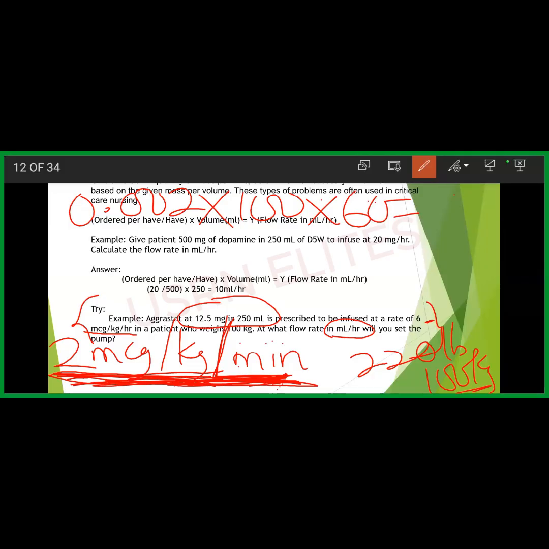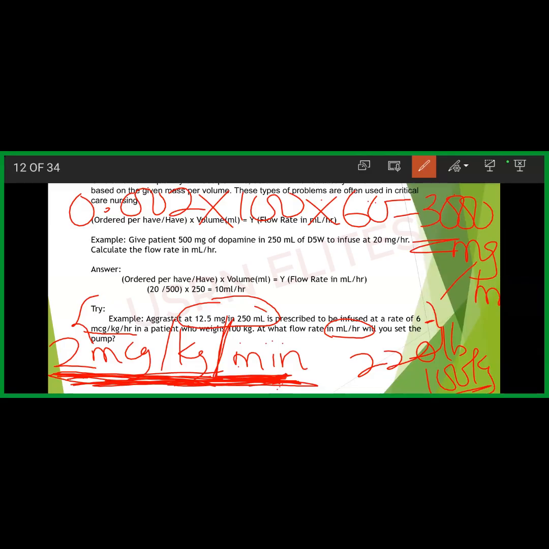Someone should help us, please. 3,000, okay. So you are getting 3,000, thank you. So 3,000 milligrams. It means that's what the patient is supposed to receive per hour.